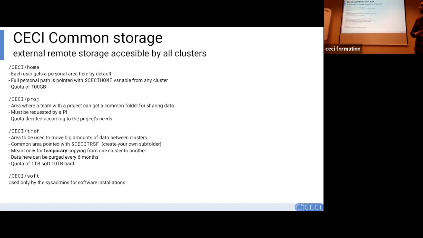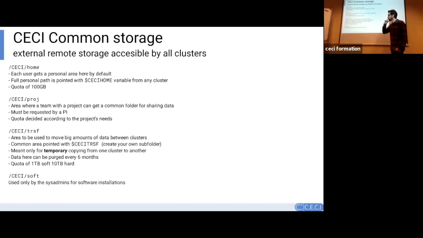So wait some time and then you do that from Metro 3, then you log in on NIC5, and when you see that your data is there, you pull it on NIC5 from CECI TRSF. So this area, you see that here we have a quota of 1 terabyte soft, 10 terabyte hard.